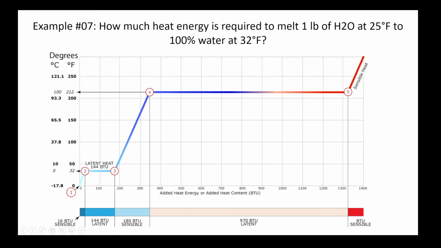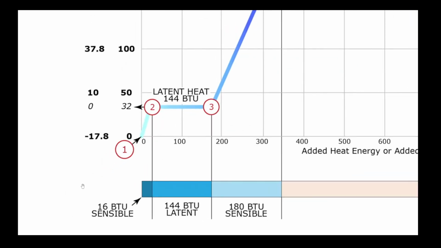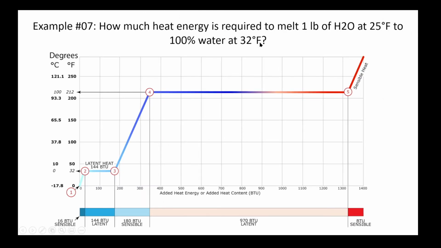Let's try to enlarge this here. We start from 25 degrees Fahrenheit, heat up the ice, and then go all the way to point 3 where it is literally 100% water, because that's what it says: 100% water at 32 degrees Fahrenheit.